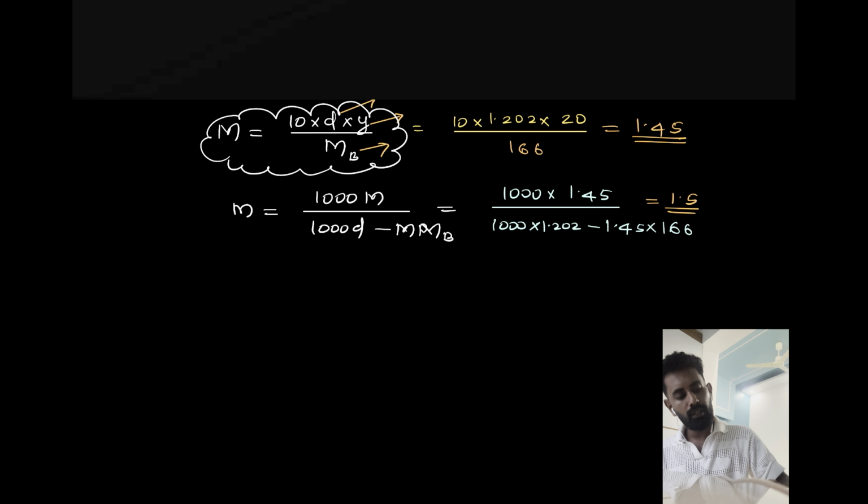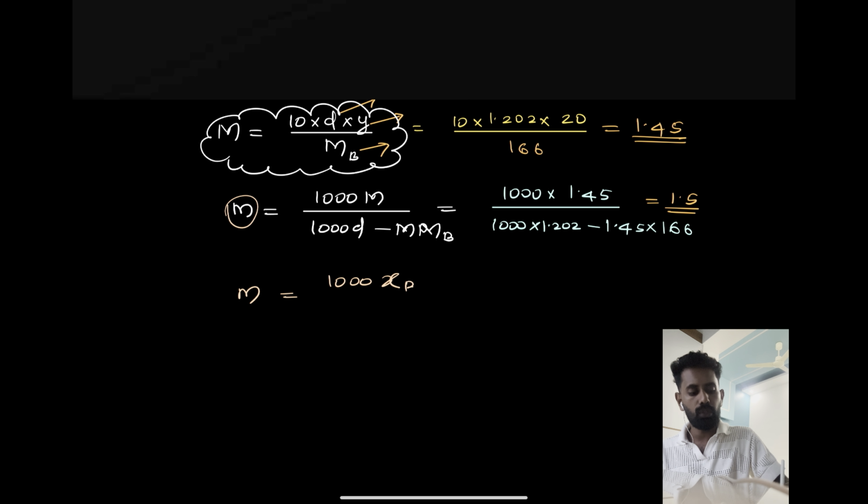And in the final part, we have to calculate the mole fraction, right? In order to find the mole fraction, we now have the molality, and there is a relation between molality and mole fraction: molality equal to 1000 into mole fraction of solute divided by (1 minus chi B) into molecular mass of solvent. See, here you have to use the molecular mass of solvent.